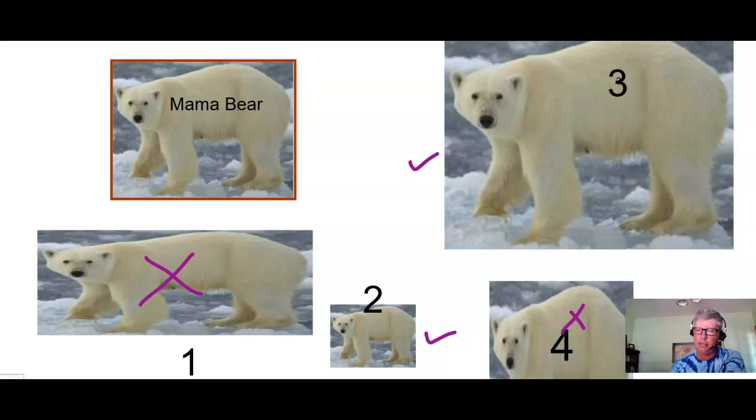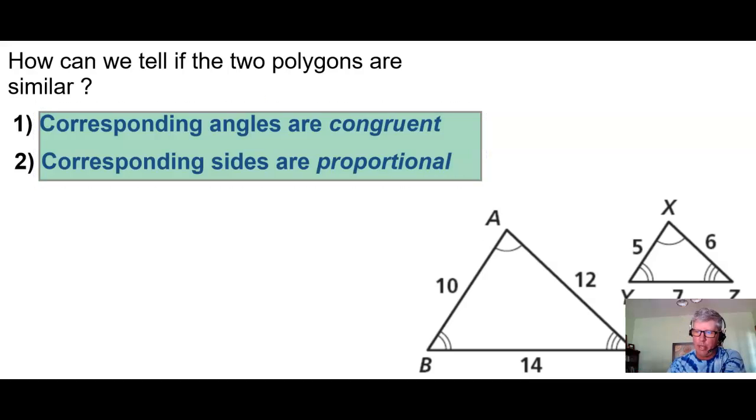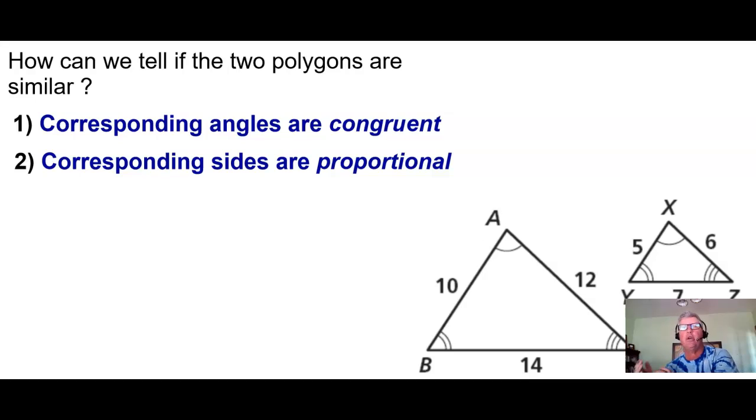There are two ways to find out if two shapes are similar to each other. If you can just show that the angles are all equal, that is all you need in order to say that two triangles are similar.